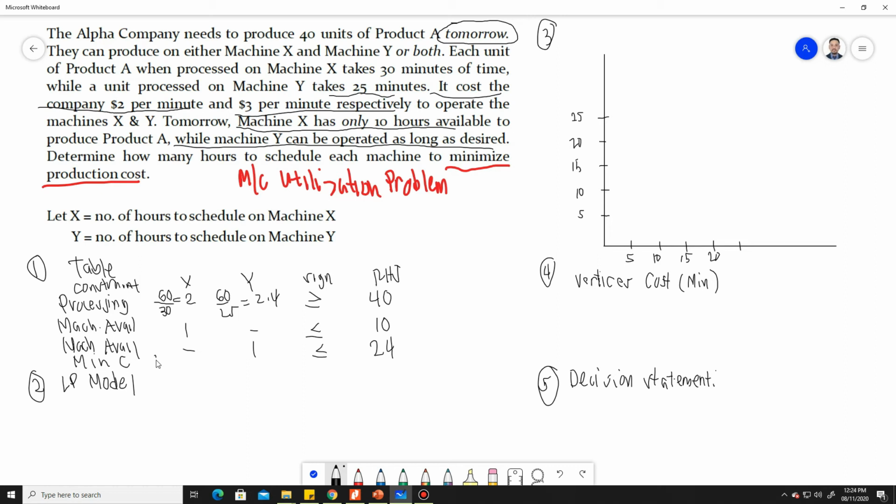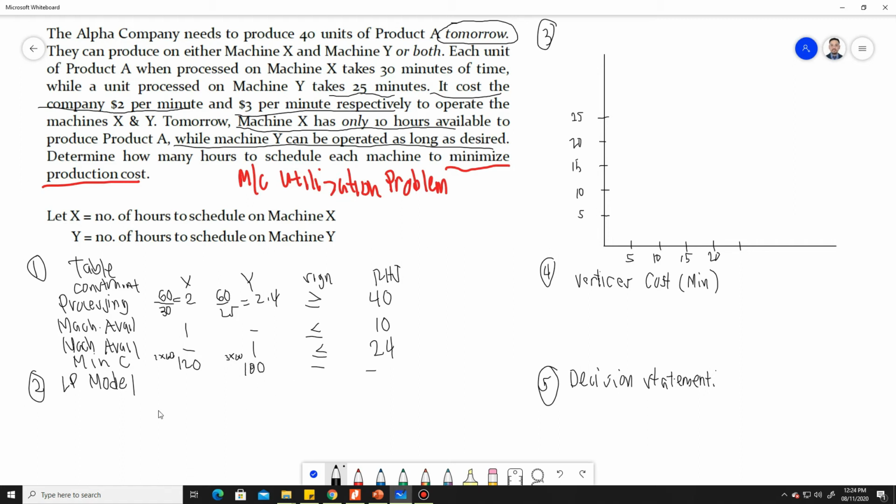So, we have 2 times 60. We have here $120. No? Sa Y naman, $3 per minute. So, we have 3 times 60 equals 180.